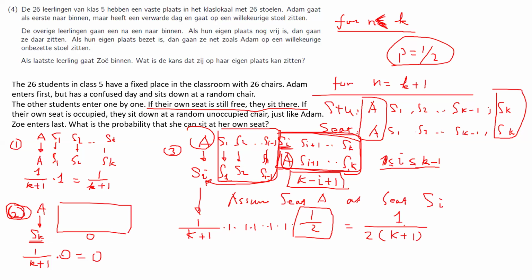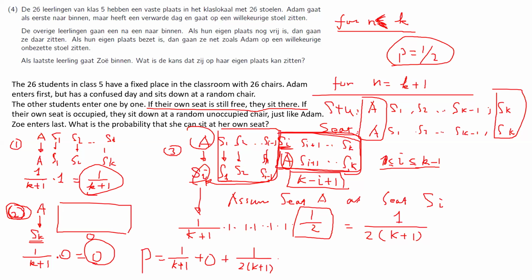Now let's add them up. Case 1 is 1 over k plus 1. Case 2 is 0. Case 3 is 1 over 2 times k plus 1. But how many case 3 are there?